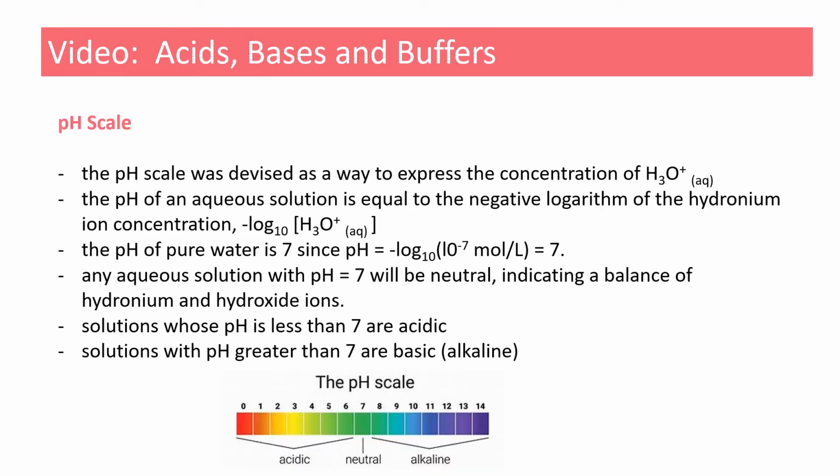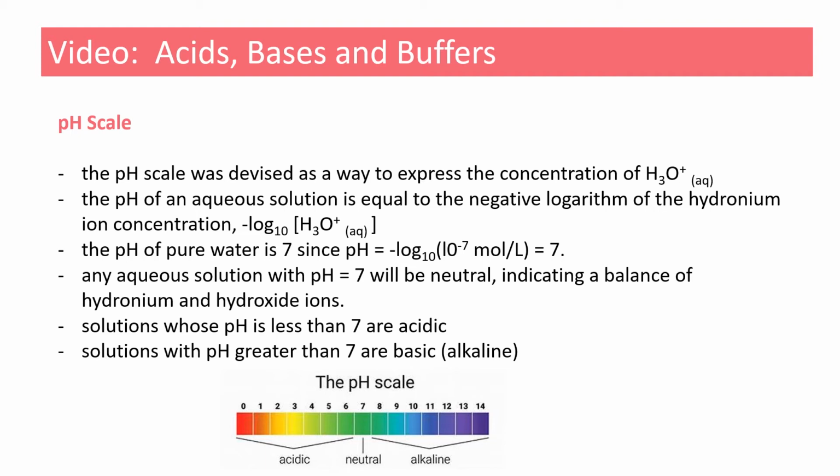The pH scale. The pH scale was devised as a way to express the concentration of H3O+. The pH of an aqueous solution is equal to the negative logarithm base 10 of the hydronium ion concentration, H3O+ (aq).